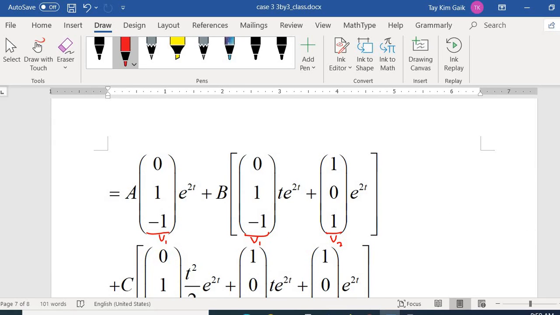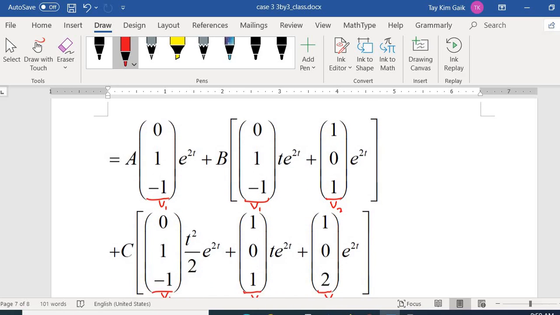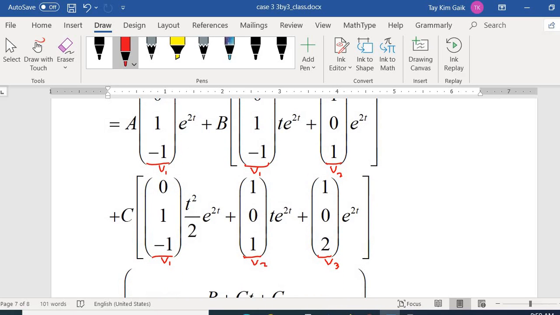So this is a v1 exponent 2t, plus b times v1 t exponent 2t plus v2 exponent 2t, plus c times v1 now t squared over 2 exponent 2t, v2 is t exponent 2t, plus v3 exponent 2t.